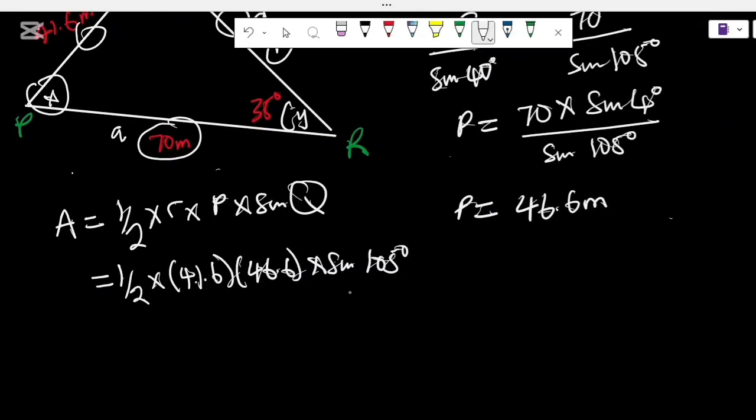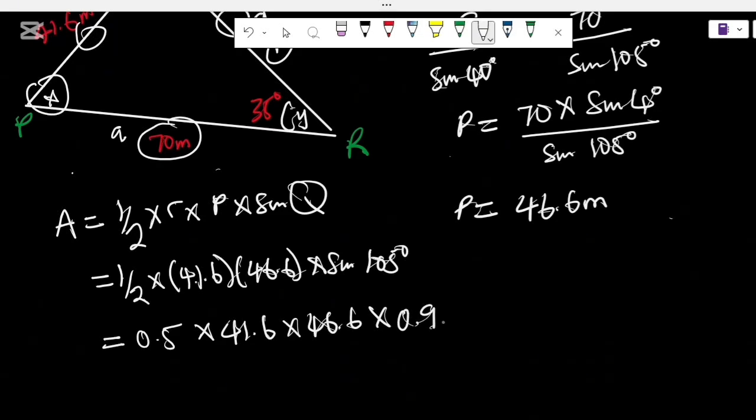So when you use your calculator here, this is 0.5 times 41.6 times 46.6 times, and sine 105 is equal to 0.9659.